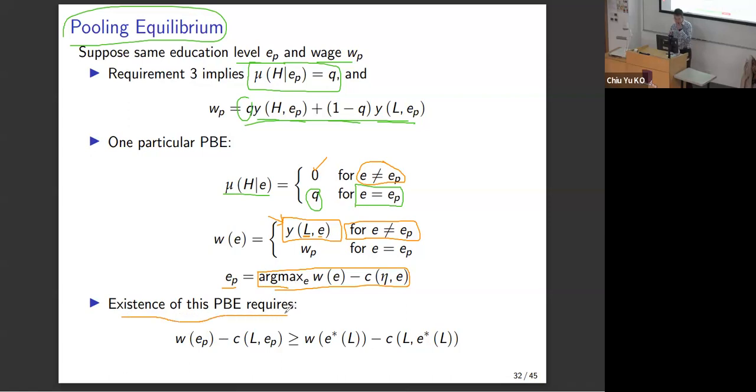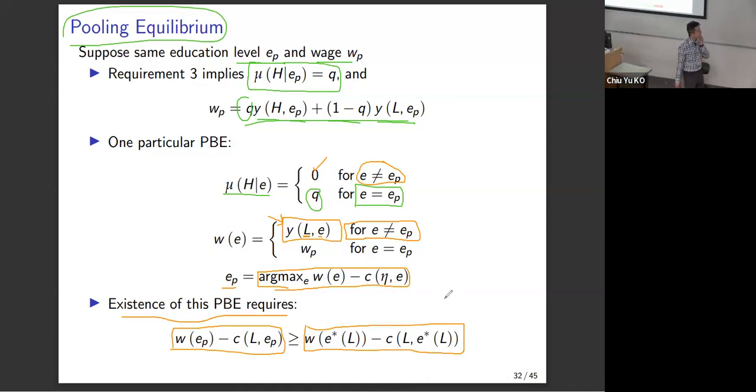So what's the PBE condition here? It requires that the payoff of pooling for the low type is higher than the case where they would just do the low type thing.